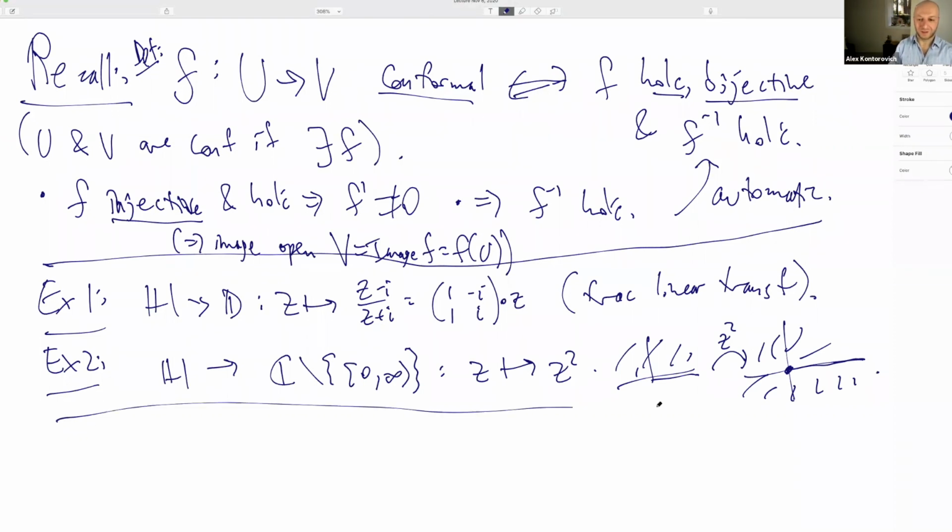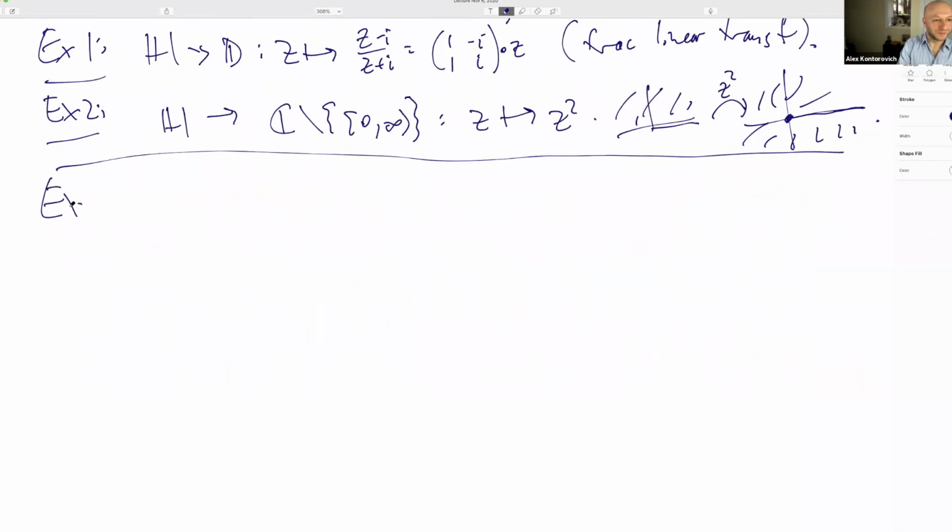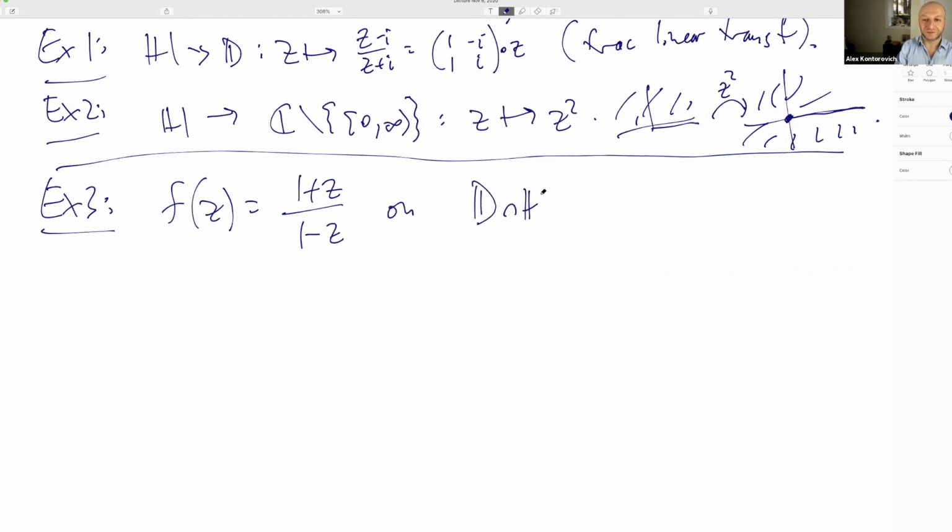Okay, so let's get some more examples. Example 3. All right, let's have some fun. Example 3. How about F of Z equals (1 plus Z) over (1 minus Z) on the upper half disk. Let's call this F3.